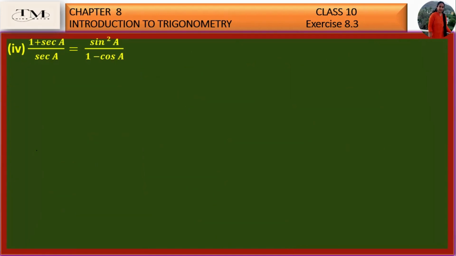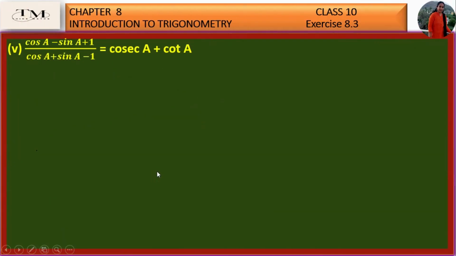So we are going to the part 5. So what is part 5? Cos A minus sin A plus 1 divided by cos A plus sin A minus 1, which is equal to cosecant A plus cot A. So cosecant A is 1 by sin A, cot A is cos A by sin A. So first let us simplify the LHS and check whether we are getting RHS or not.